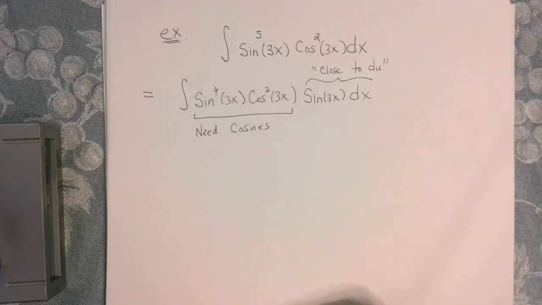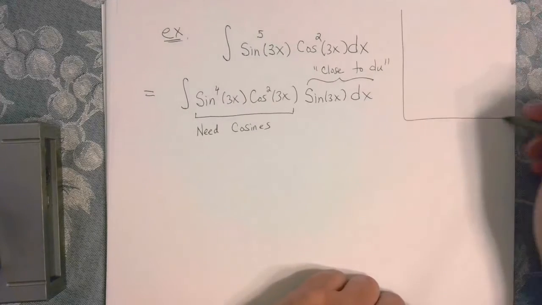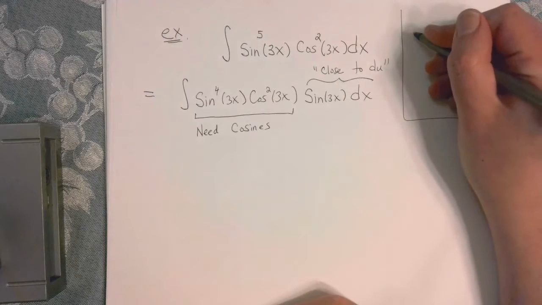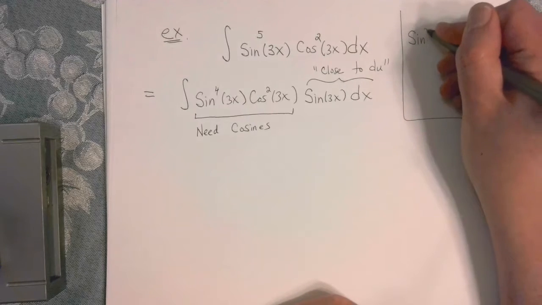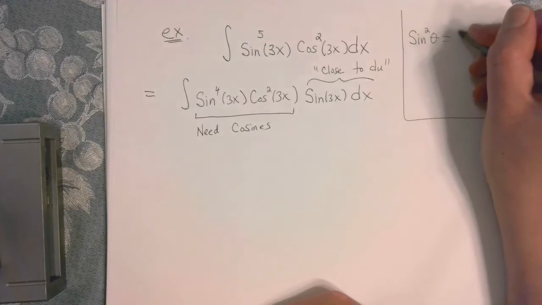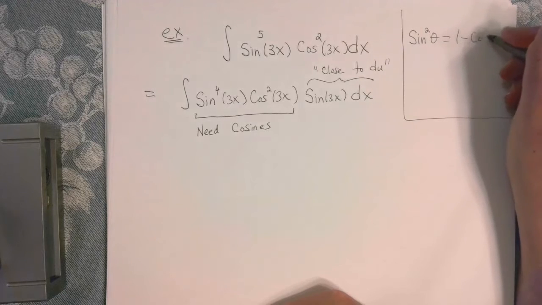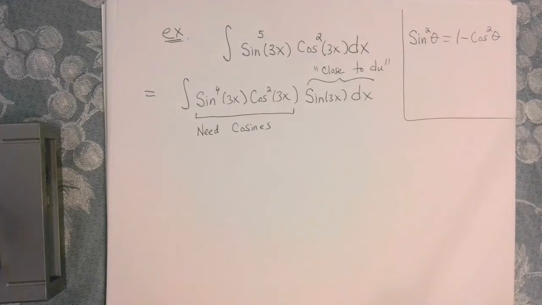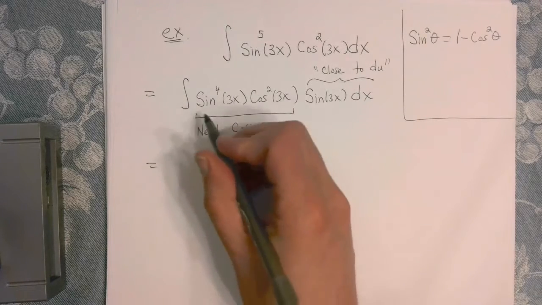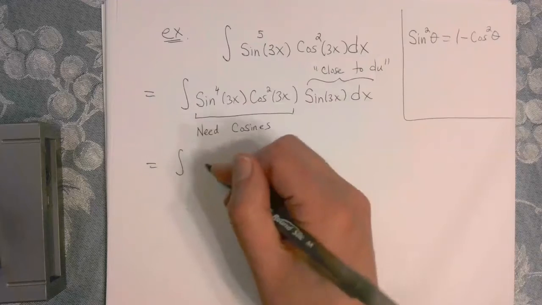Well, we can do that. So remember, we just said that sine squared of theta is equal to 1 minus cosine squared of theta. Right? So that's true for all theta. Well, if we're clever about this, we can actually think about this in the following way.